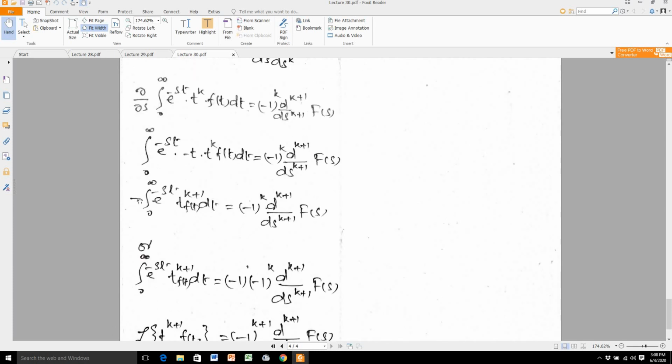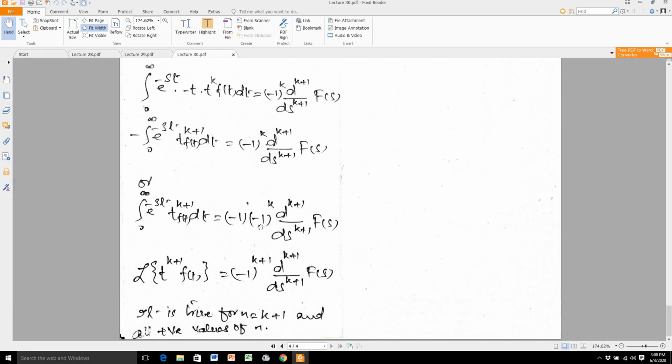Now I multiply both sides by negative 1. When I multiply this side by negative 1, it becomes positive, and when I multiply this side, I am writing negative 1. So you see here, this negative 1 and this negative 1 both have the same base, but the powers are different, so we add their powers. Minus 1 raised to the power k plus 1 d raised to the power k plus 1 divided by ds raised to the power k plus 1 F of capital S. So in this way you see that it is true for n is equal to k plus 1.